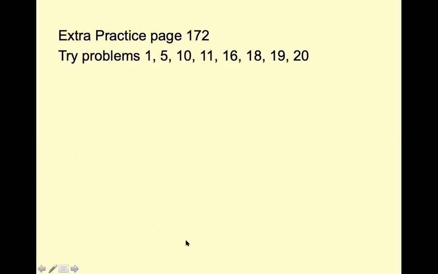All right, we're going to jump right into extra practice. Let me go back a slide here, actually, before we start that. You have several properties that you should read about on page 171. They're all the properties of exponents. You need to remember these. For example, if you multiply by the same base, you add the exponents. If you are dividing by the same base, like x to the fifth divided by x to the second, you subtract the exponents.